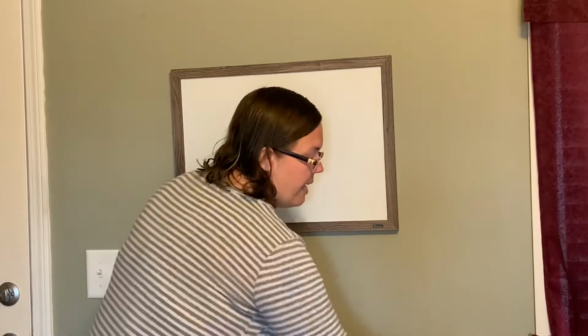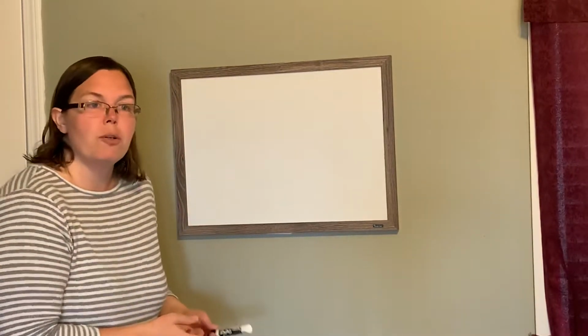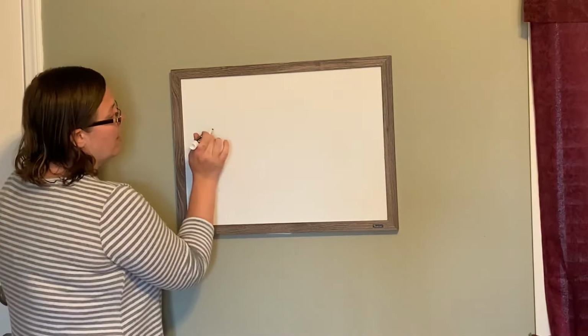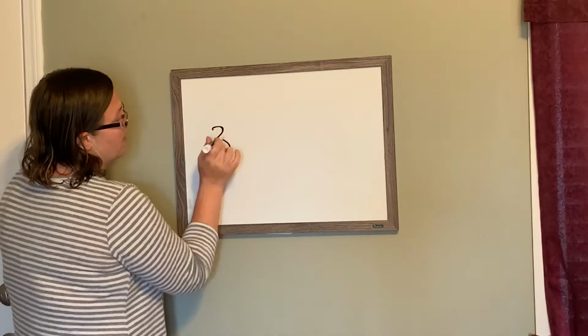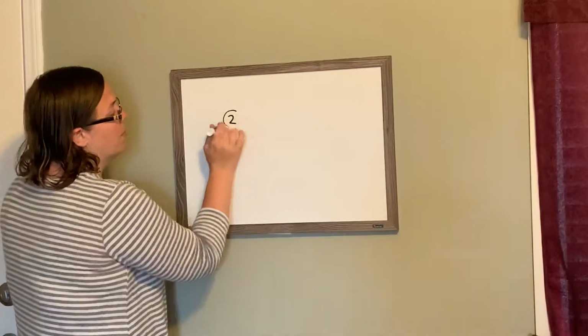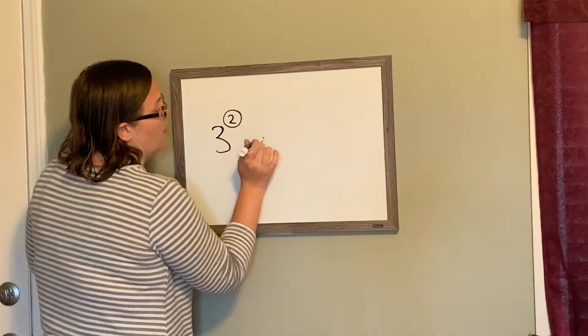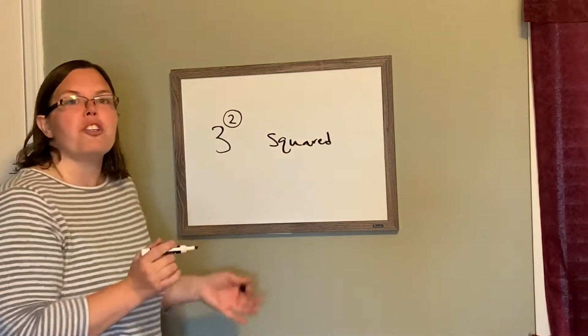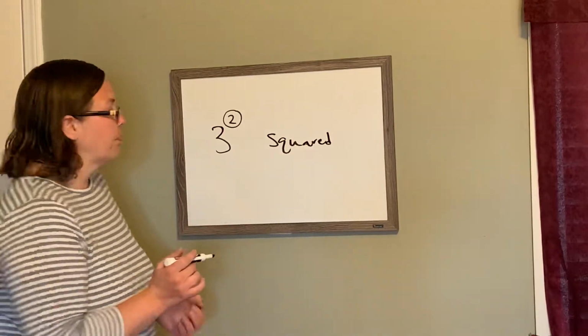Sometimes exponents have special names, or we like to give them fancy names. So sometimes, if you have a base with an exponent of 2, the little 2 is always called squared. Of course, we know squared units from when we're doing area.